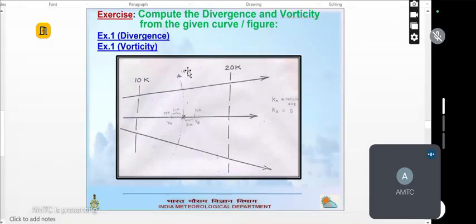Orthogonal curve and normal and cyclonic flow are different. Orthogonal flow is something different, not within the orthogonal curve but the streamline. It is moving towards the left.